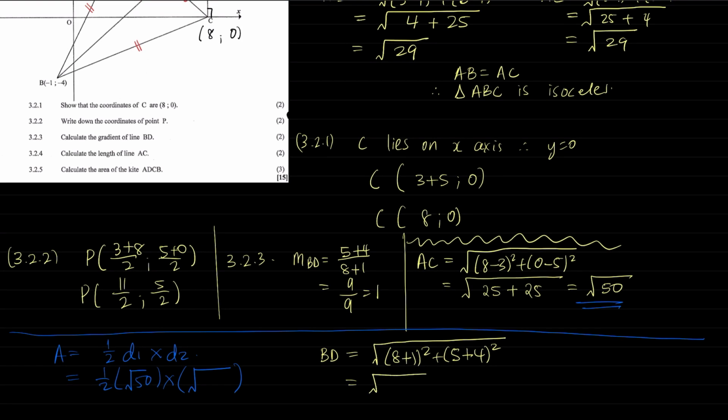So that is the square root of 9 squared is 81, plus, again, 9 squared is 81. That gives us the square root of 162. So that's the length of the other diagonal. And so if we put this now in a calculator, half of the square root of 50 times the square root of 162, we get 45 units squared.